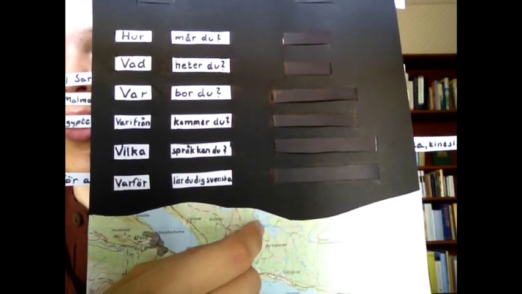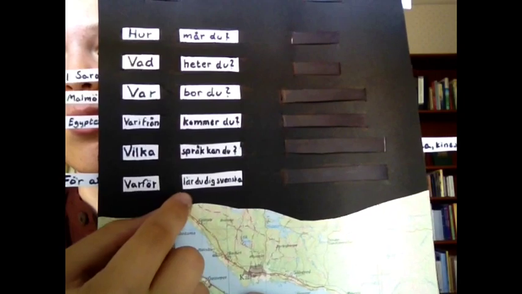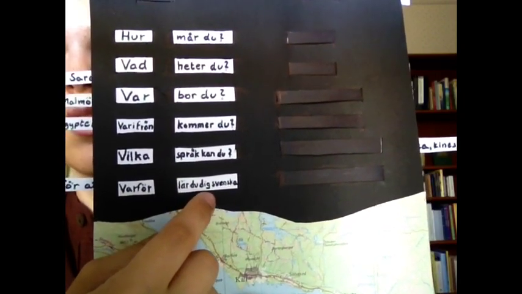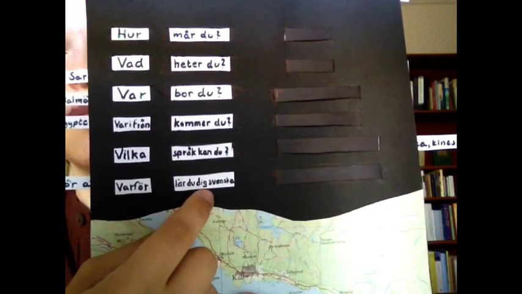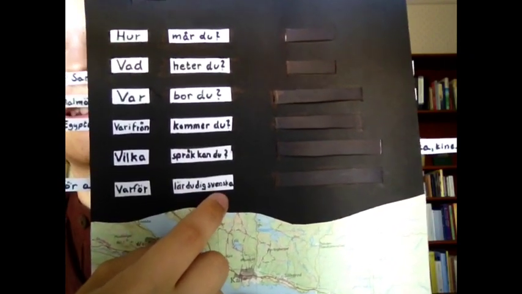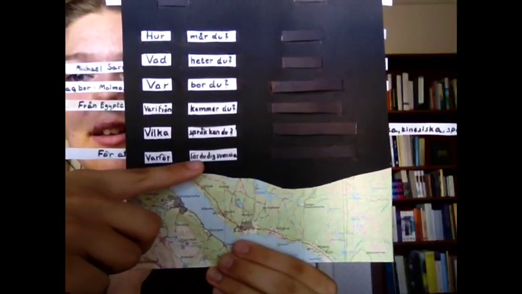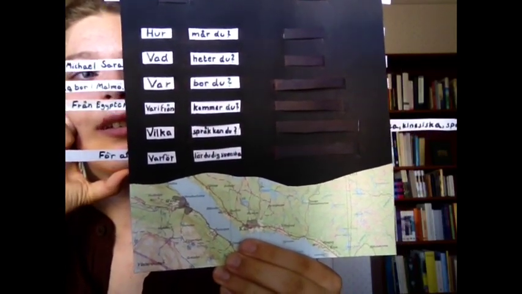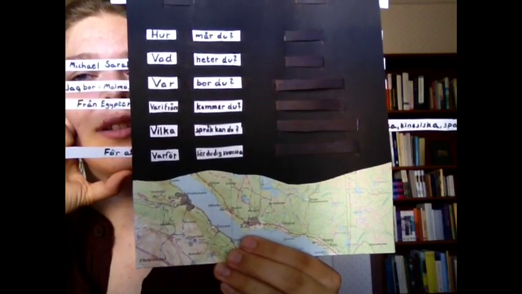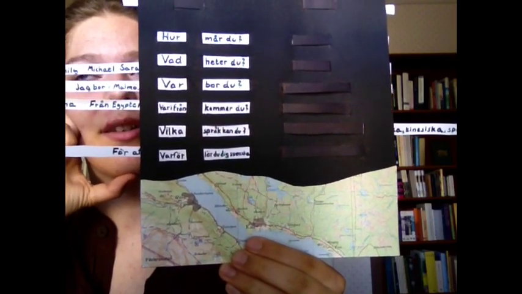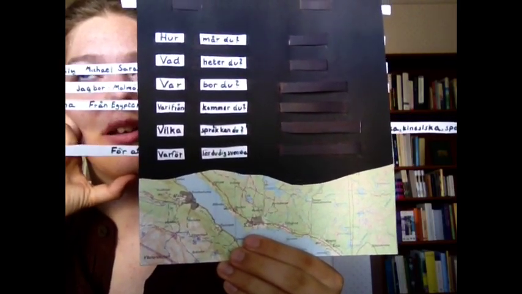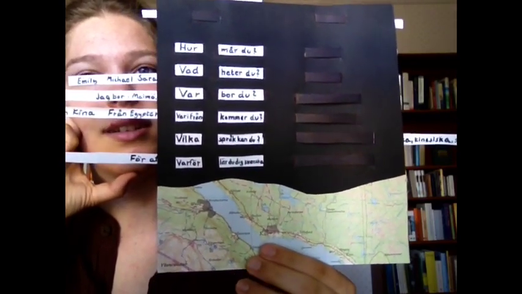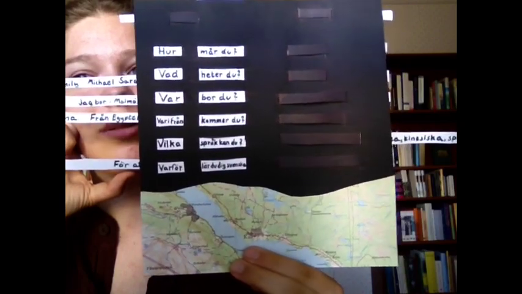But, yes, so varför, why, lär, learn, du, you, dig, yourself, svenska, Swedish. Varför lär du dig svenska? Because many Swedes are very puzzled about foreigners learning the language, because they think, why on earth would anyone learn this dull and boring language?